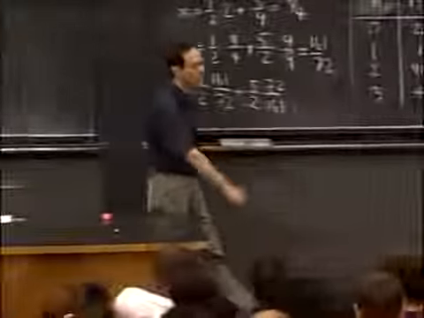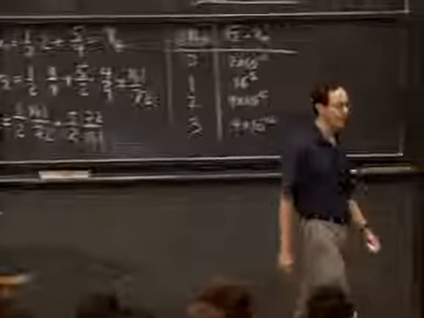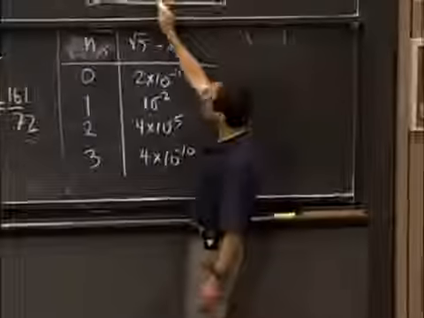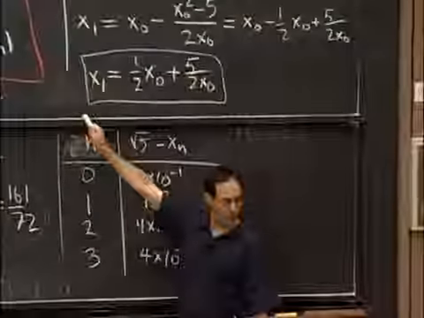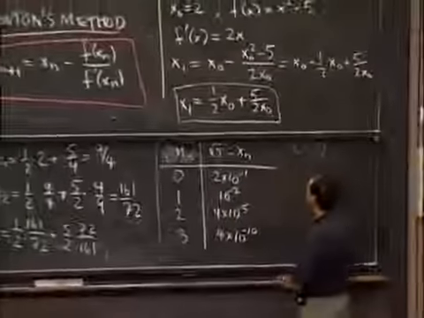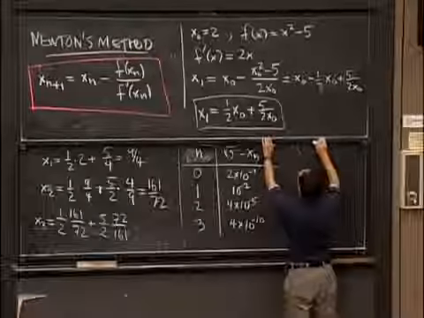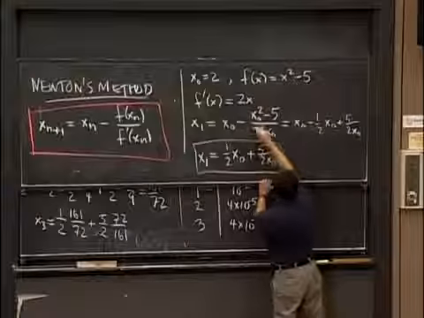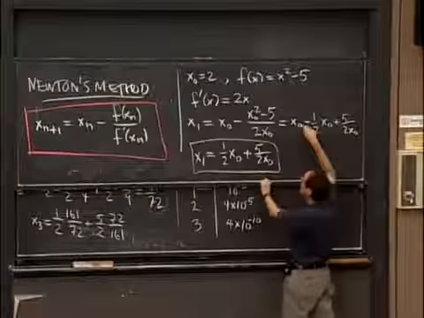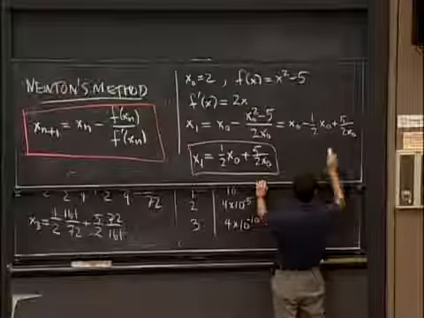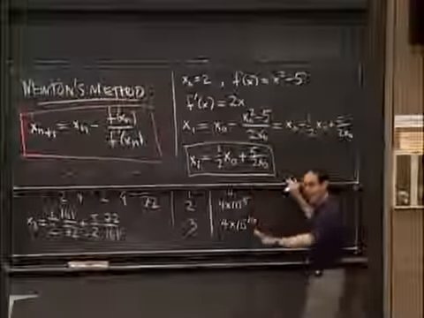Yeah, question? How come the x naught disappears? Yeah, because you have x naught minus a half x naught, then pull down to x naught. Hang on, folks.